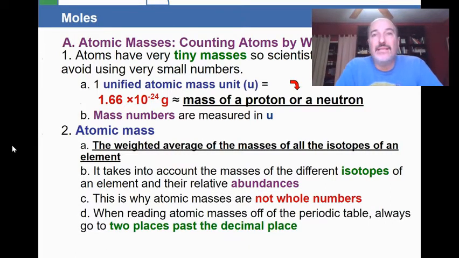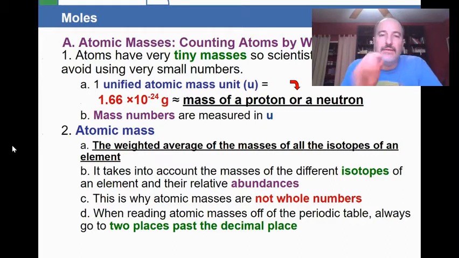So basically what you need to do when reading atomic masses off of the periodic table is always go to 2 places past the decimal point. Always go to 2 places past the decimal, so that for carbon, instead of 12.011, you go to 12.01 when you read it.